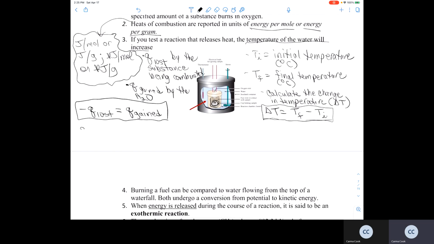To calculate the heat that is gained by the water, it's going to be equal to the mass of the water times what's called the specific heat of water, symbolized with a C, times the delta T for the water.